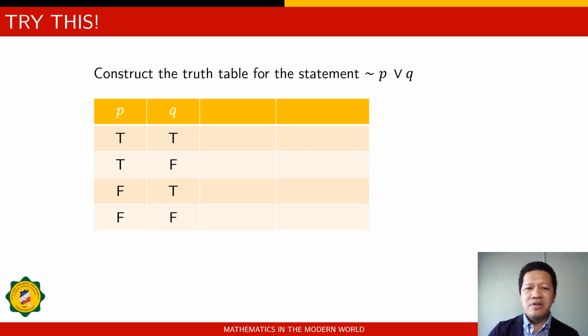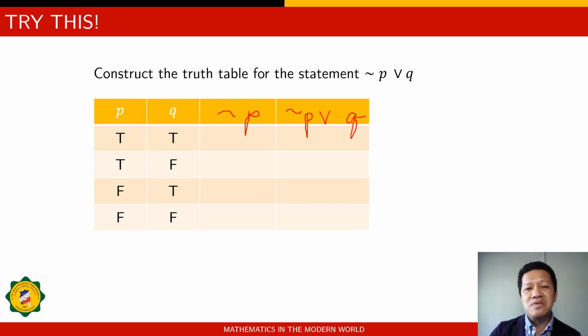So for this table, we're going to add two columns, one for not P, and as you can see here in the given statement, we already have a Q column. And we just have to use the last column for our complete statement, not P or Q. So these are the possibilities for the truth values of our P and Q. We have TT, TF, FT, and FF.